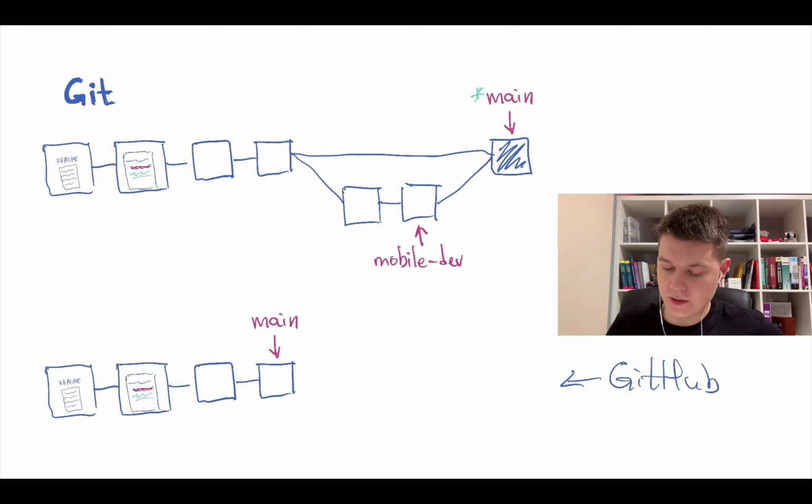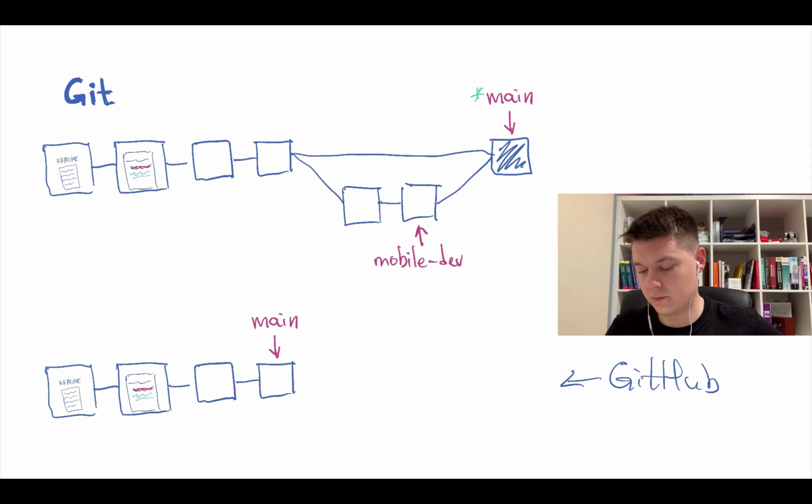If in the main branch we had only one file, for example readme, then in the mobile dev branch we created a new file, maybe, I don't know, mobile dev job.md. We added this vacancy to the mobile dev branch, and then when we create a merge commit, we combine those changes together, and at the latest commit we have both changes.